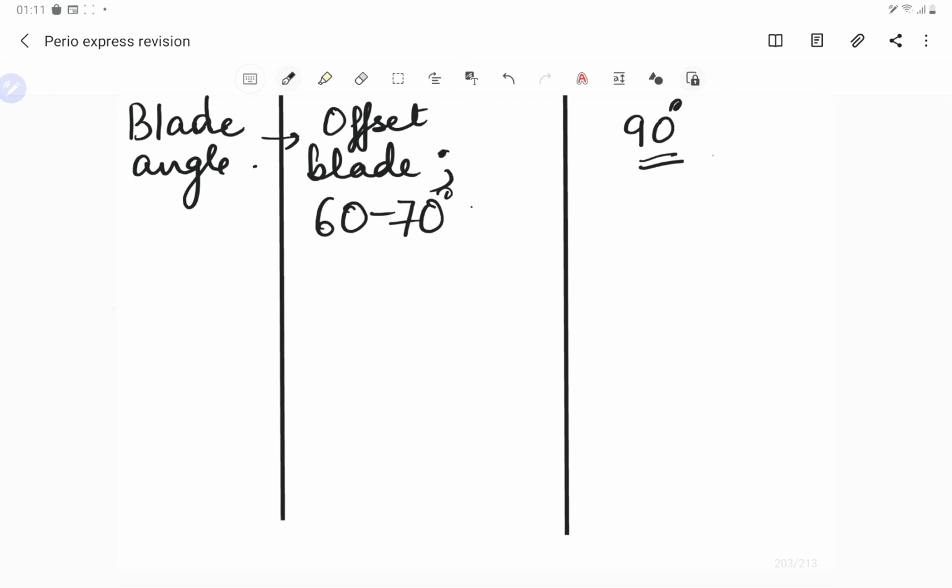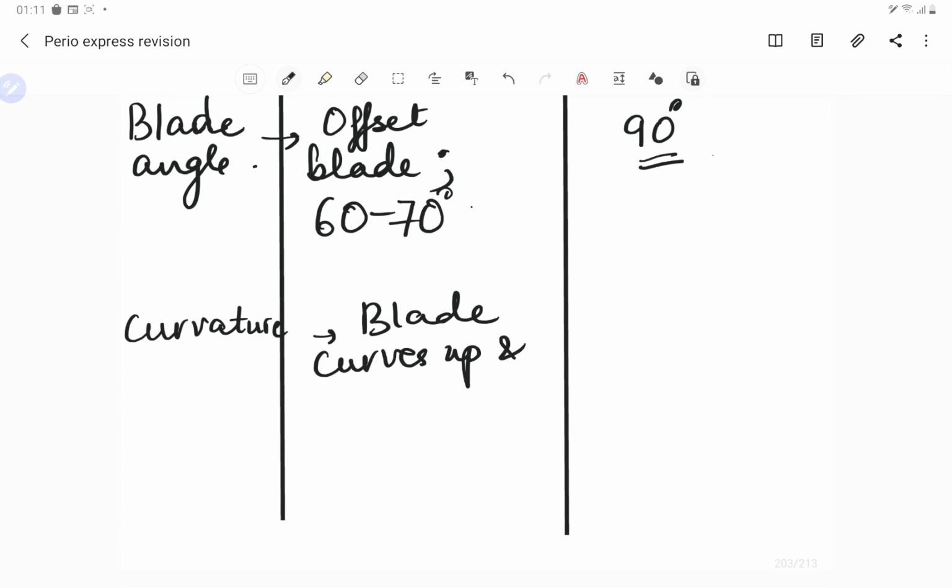Now talking about the curvature of the blade. Blade is curved for the Gracie curette, is curved up and to the side. But the universal curette, blade curves up, not to the sides. So blade curves up and to the side as well.